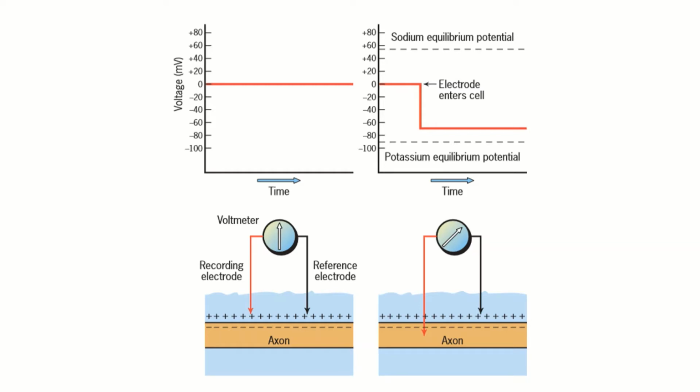So there's really a difference. That's how scientists found out that there is a difference between the charges on the outside and on the inside, relatively. The outside is more positive, while the inside is more negative in charge.